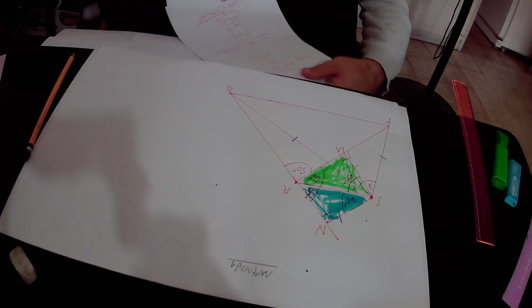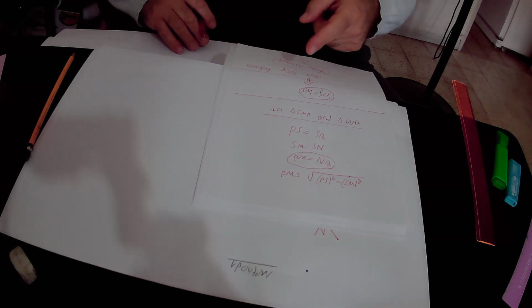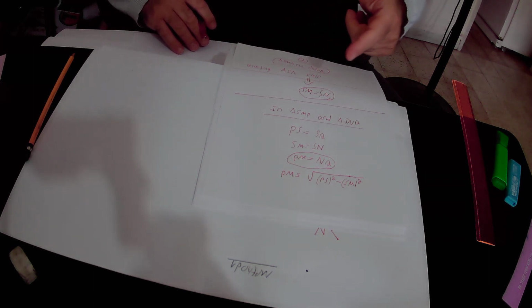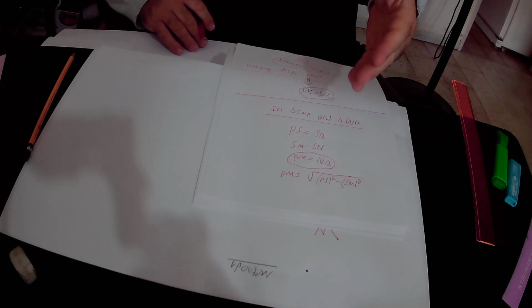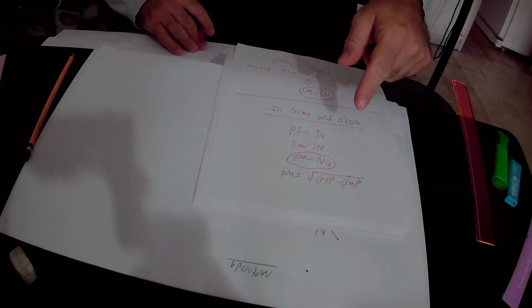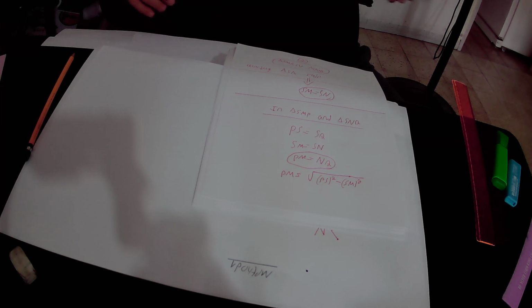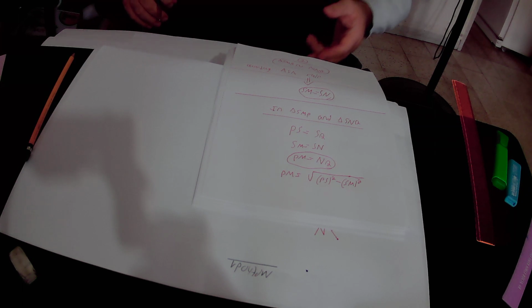Because SMP is a right triangle, we can use the Pythagoras theorem in the right triangle SMP, which states that the square of the hypotenuse equals the sum of the squares of the perpendiculars.